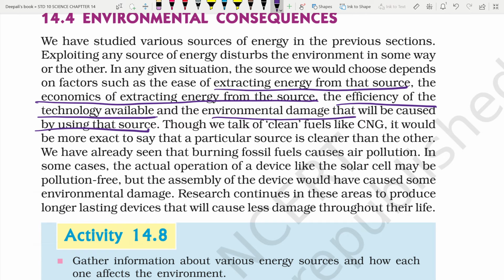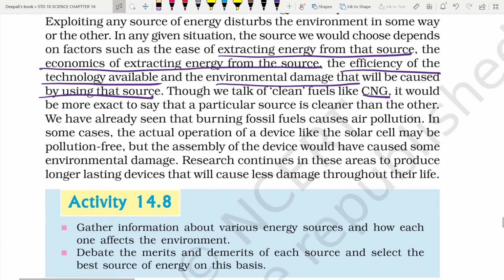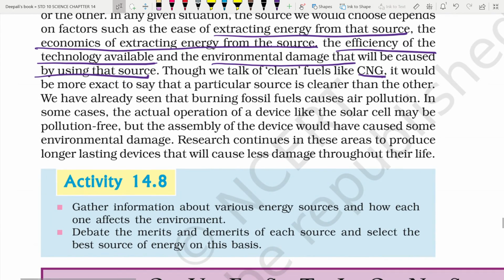Though we talk of clean fuel like CNG, it would be more exact to say that a particular source is cleaner than the other. So the advantages and the disadvantages cause limitations to various factors of utility of these energy sources. We have already seen that burning of fuel causes air pollution.